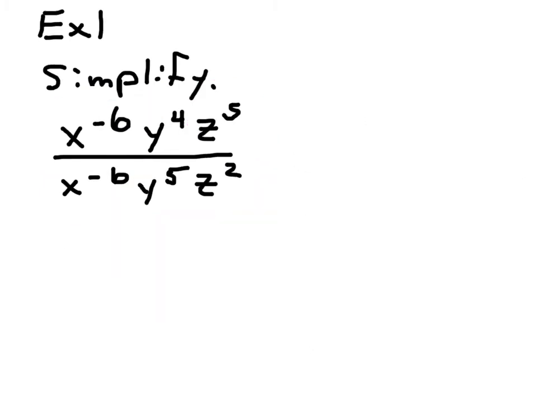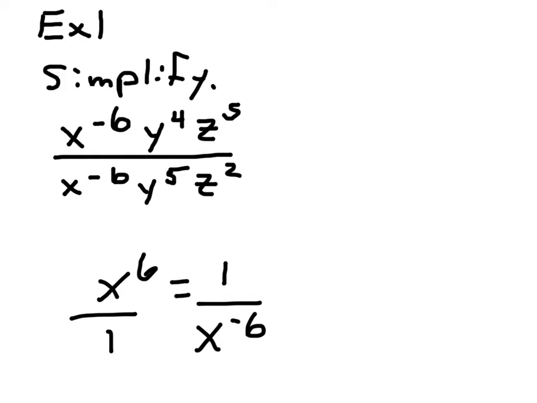Now, I have example 1 rewritten. I want to show you another way that you can always do these. Remember, we've said that when you take an exponent, say I have x to the 6, what happens if we drop it down?